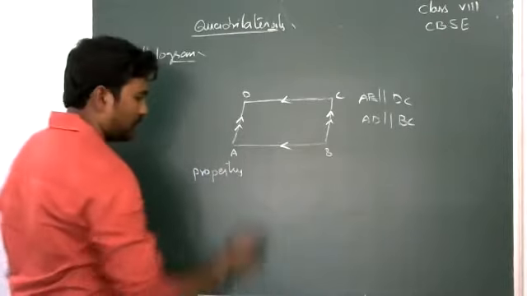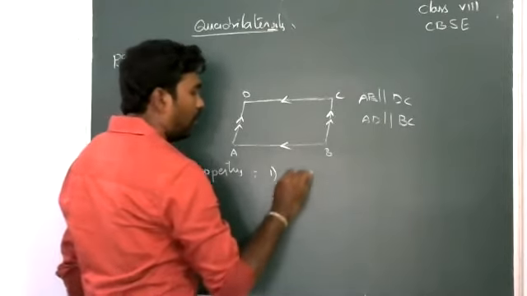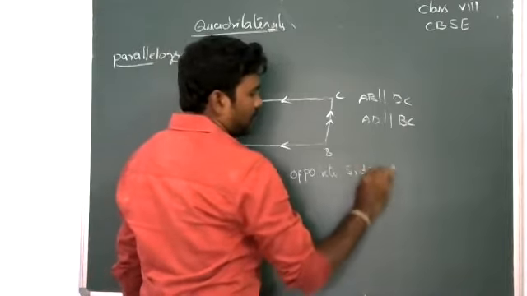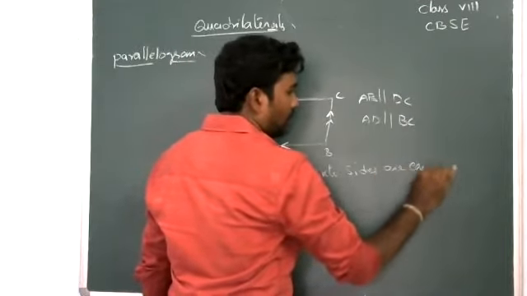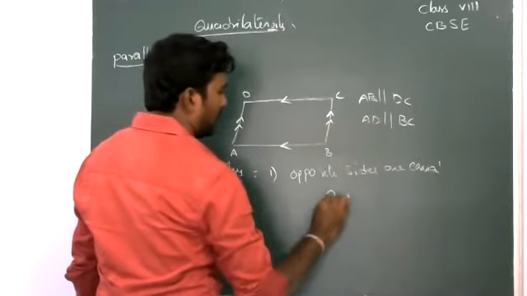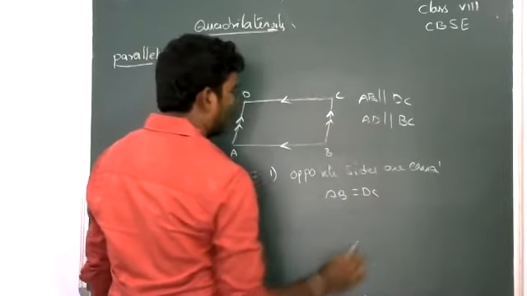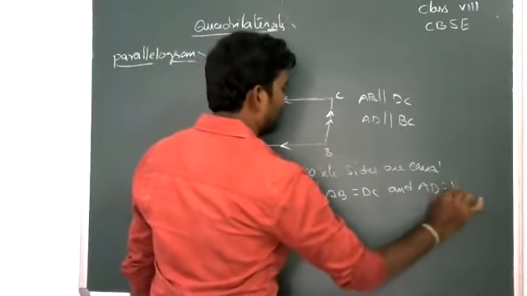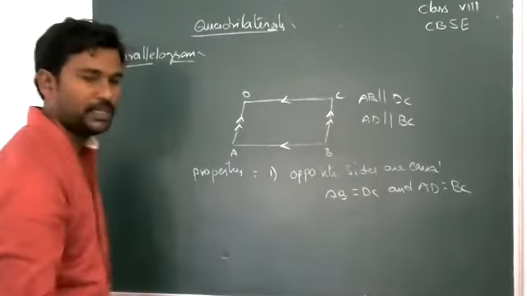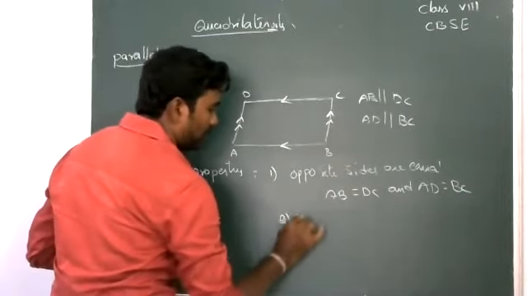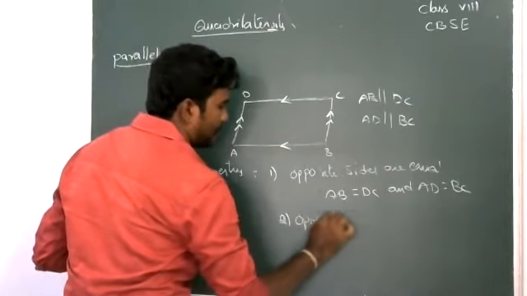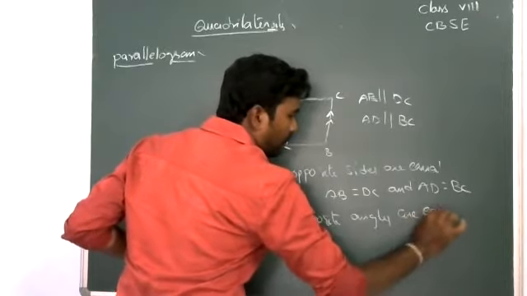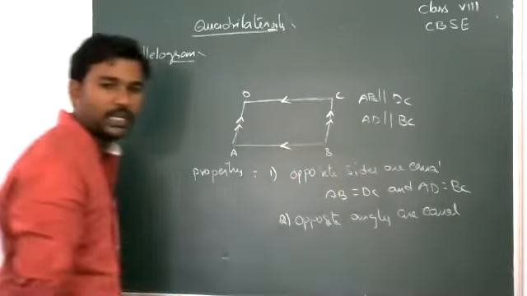Properties. The first one is opposite sides are equal. Opposite sides are equal means AB equals DC and AD equals BC. The second one is opposite angles are equal.